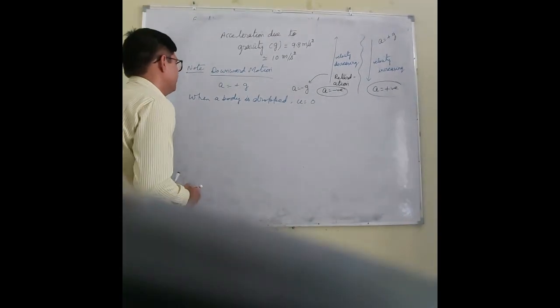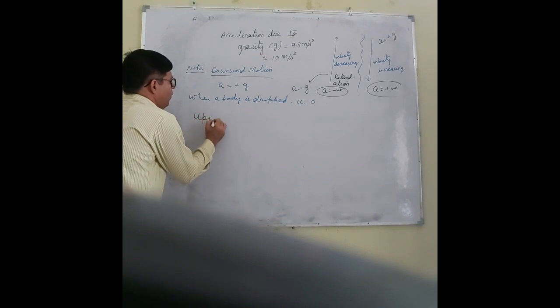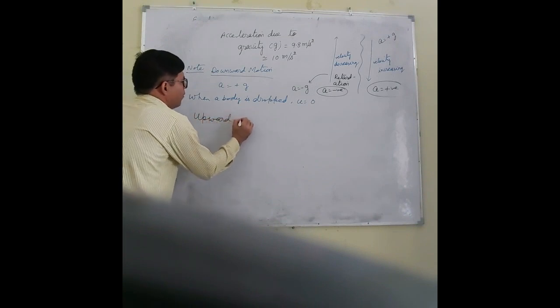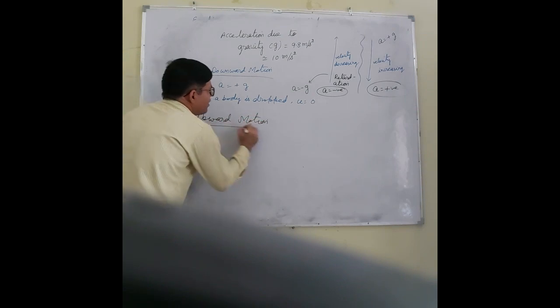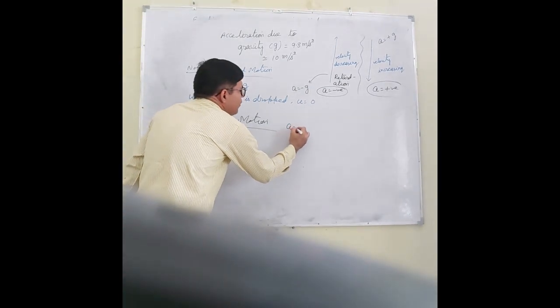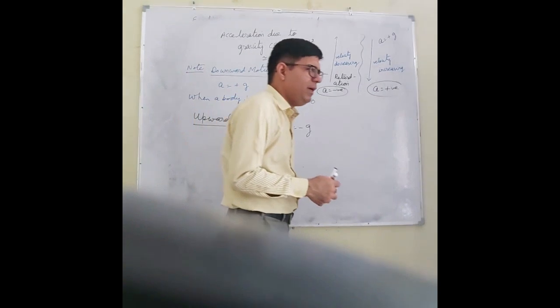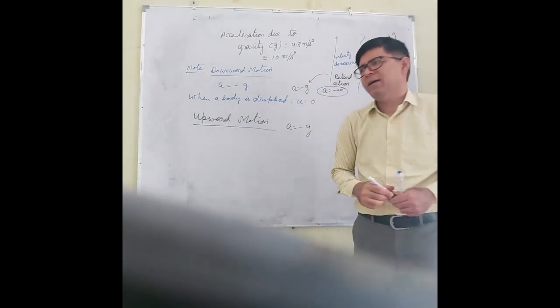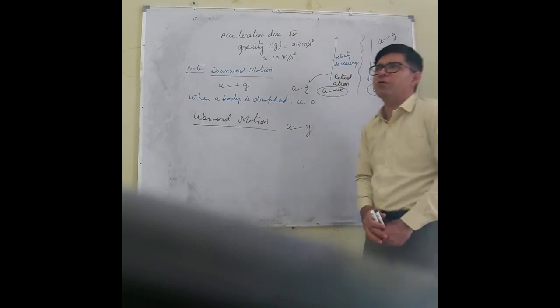And for upward motion, a equals minus g. Why a equals minus g? Because its velocity is decreasing.